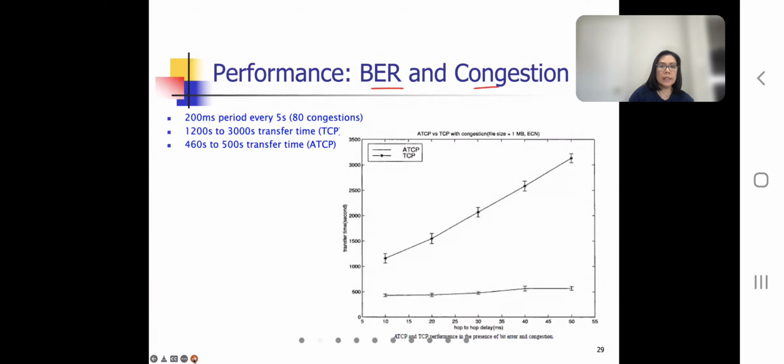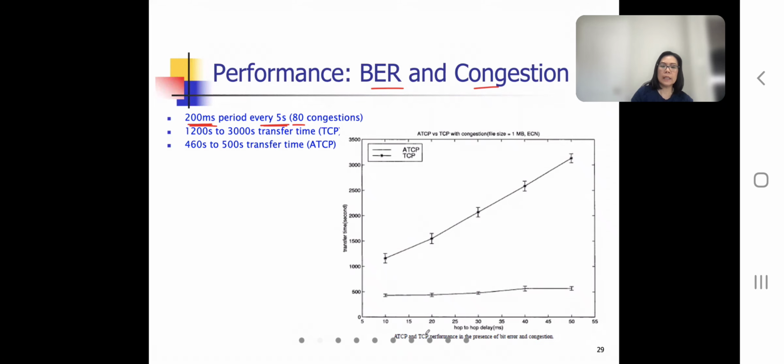The only thing is they add congestion, and the congestion is 200 milliseconds for every 5 seconds, with some nodes injecting packets into the network. That means during the experiment they could have about 80 congestion events.